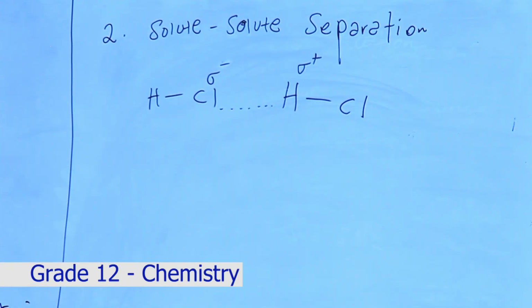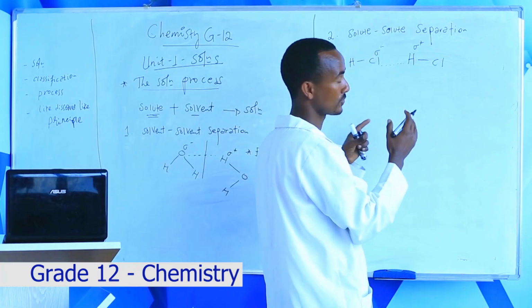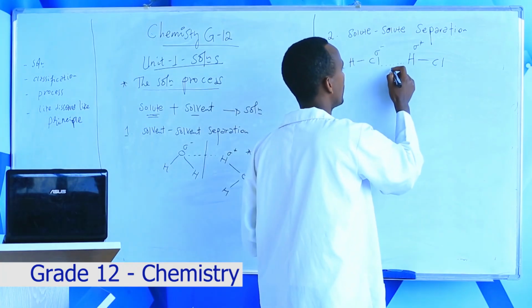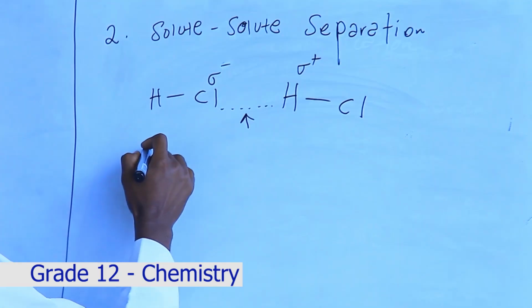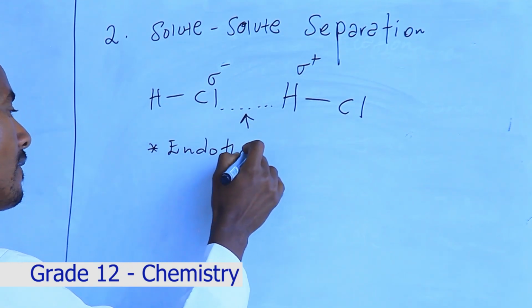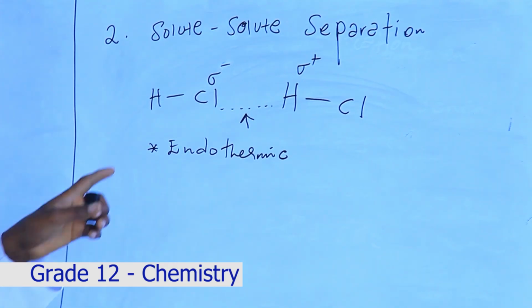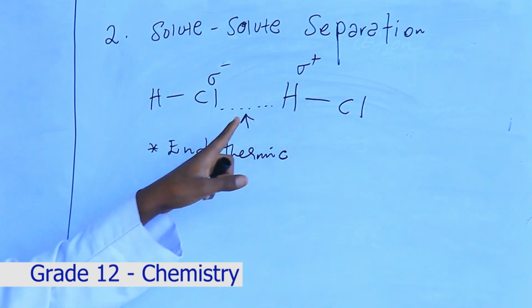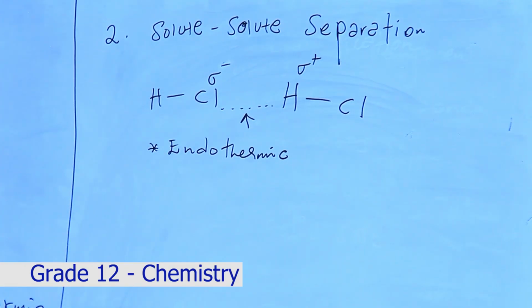So, to produce a solution by combining with the solvent, the intermolecular force that holds the solute particles together must be weakened or broken. This is also an endothermic process, because it requires energy. Since the process is bond breaking, it requires energy. That's why we have said that the process is endothermic.